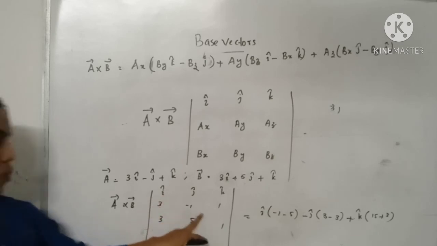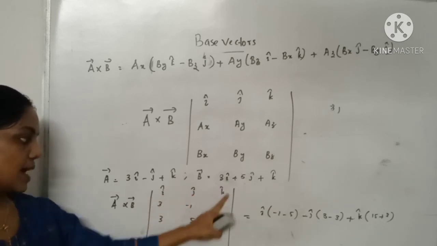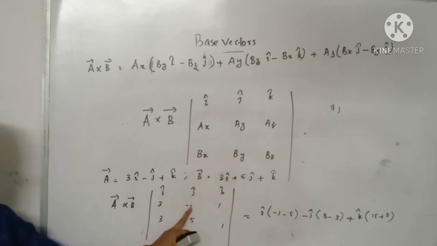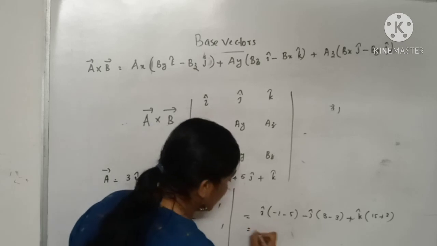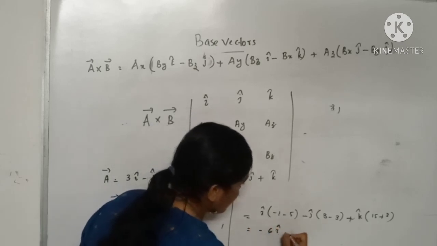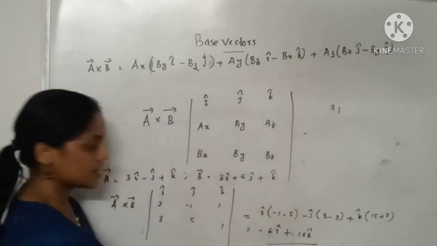Therefore we will get minus 6i plus 18k. This is A cross B.